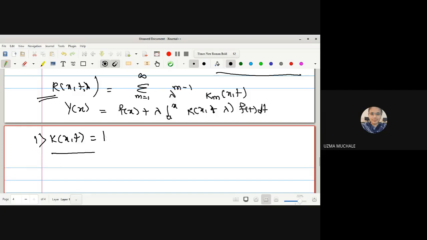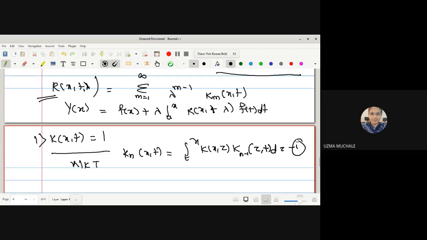We have been provided that k of xt is equal to 1. We know that iterated kernels are given by Kn of xt is equal to integration t to x, k of xz, Kn minus 1 of zt dz. This is equation 1.